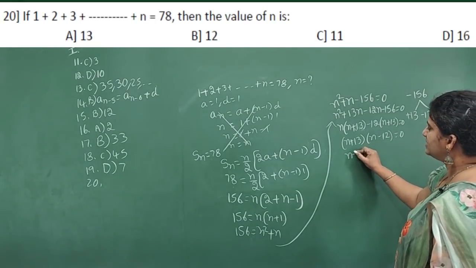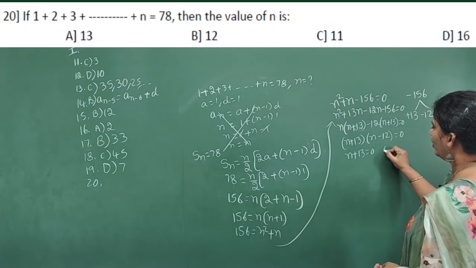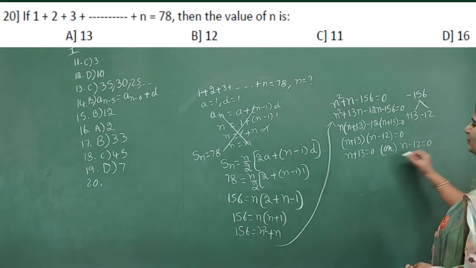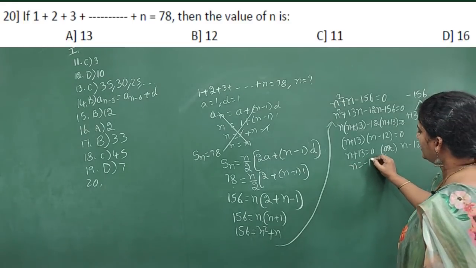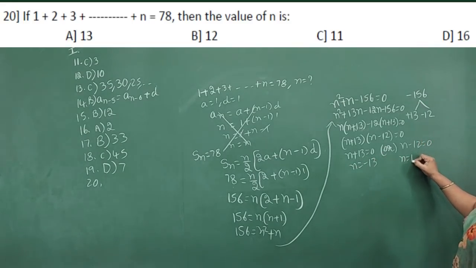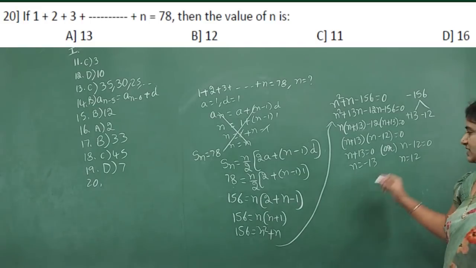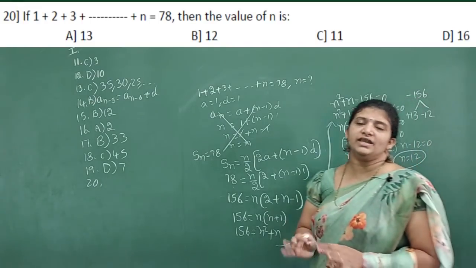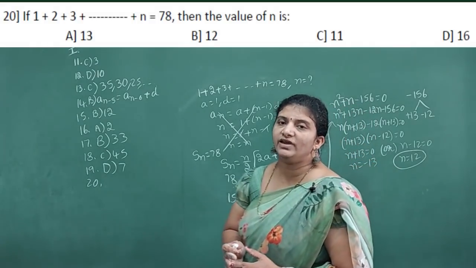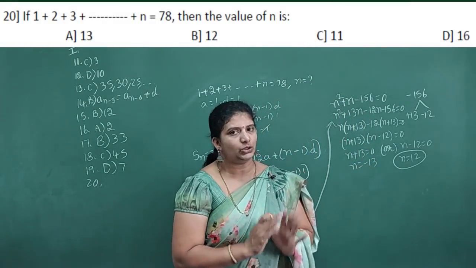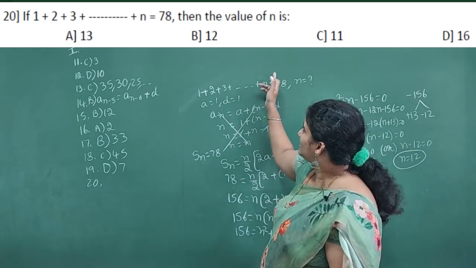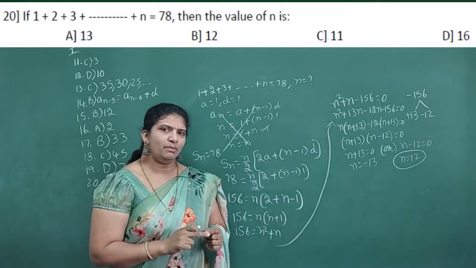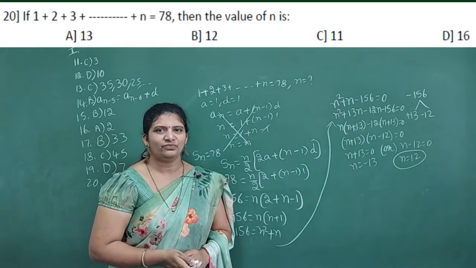That means n plus 13 equal to 0 or n minus 12 equal to 0. N is equal to minus 13 or n is equal to plus 12. Observe here, any number of terms I won't say with a negative. Therefore, we take n value as only 12. So the 12th term is n.